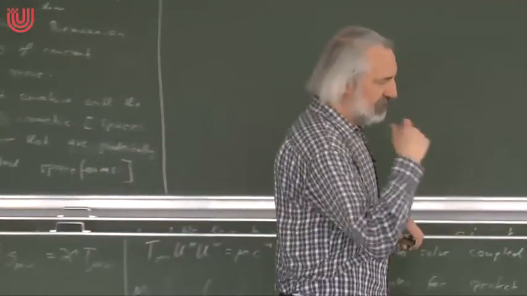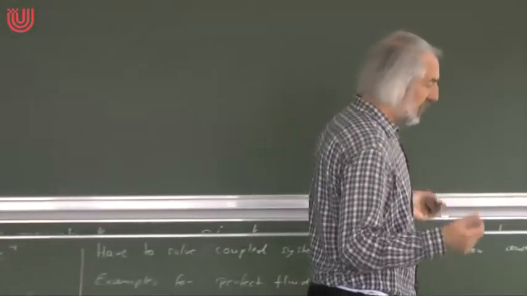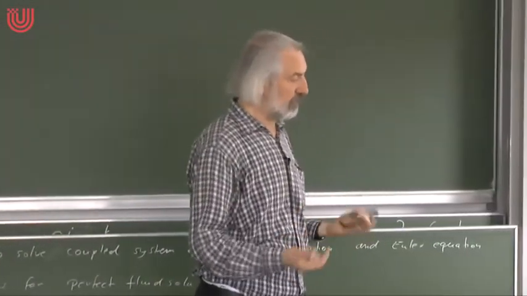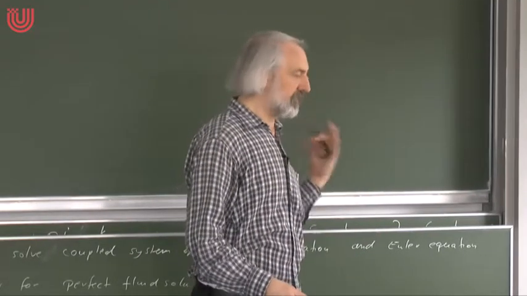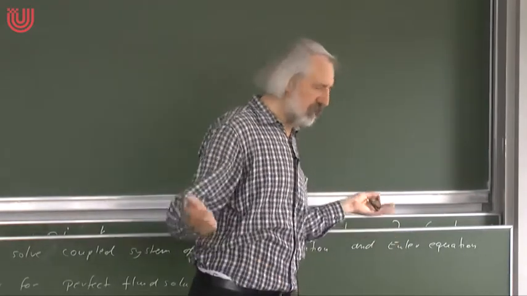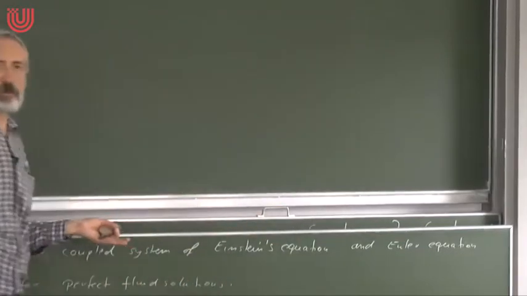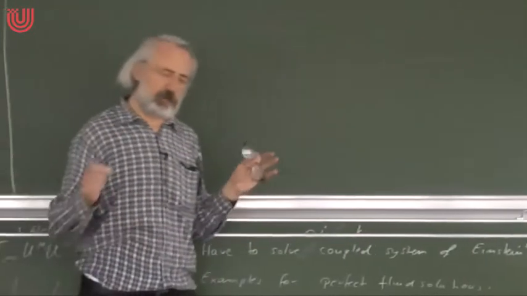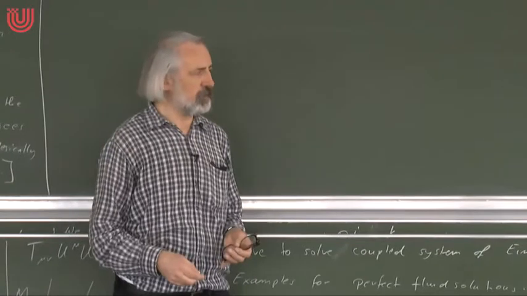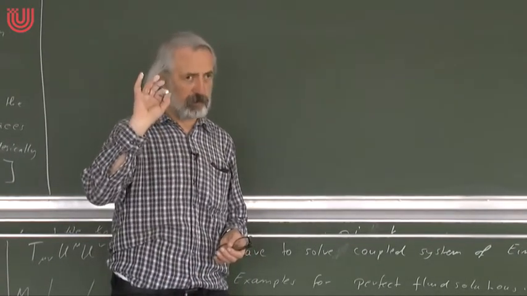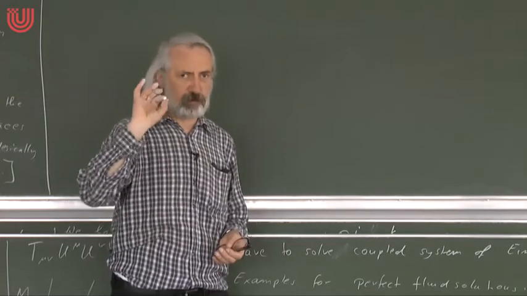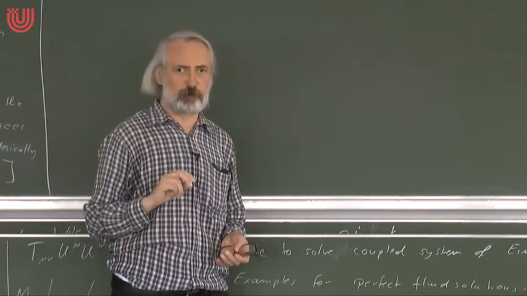So symmetries are described by Killing vector fields, and the easiest way to characterize Killing vector fields is in terms of coordinates. So if I can find a coordinate system in which the metric is independent of a certain coordinate, let's call it t, then we call d by dt a Killing vector field. That's actually not the most general definition, because it forbids the case that the Killing vector field has a zero. Because if it has a zero, then it cannot be used as a basis vector field in a coordinate system.